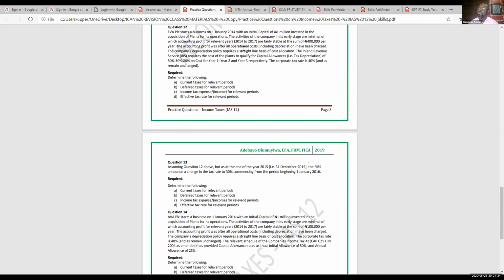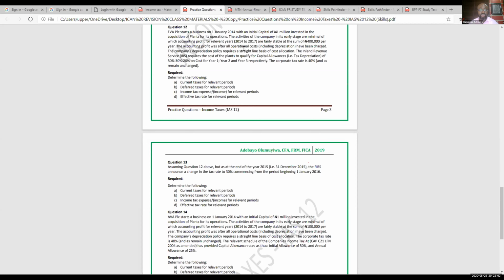Whereas, for accounting purposes, the method adopted for depreciation was straight line method. This asset's useful life, based on available information, is 4 years, which means capital allowance will be claimed only for 3 years, while depreciation will be charged for 4 years.